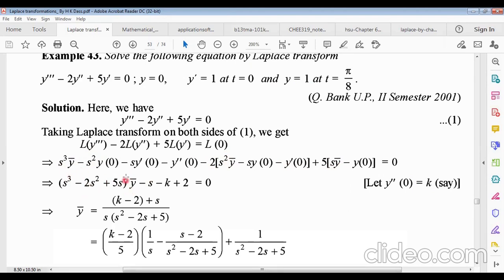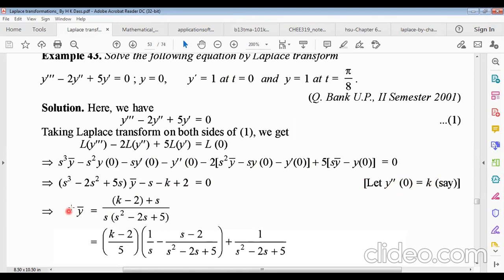The first derivative equals 1, and y equals 0 at t equals 0. So this will be minus s minus k plus 2. K comes from the second derivative of y(t) at t equals 0.